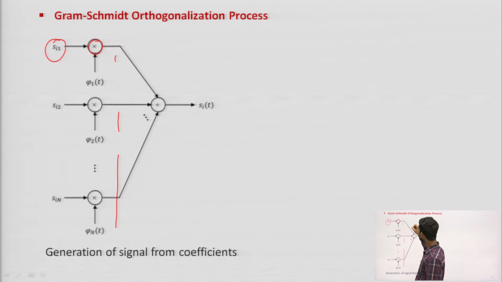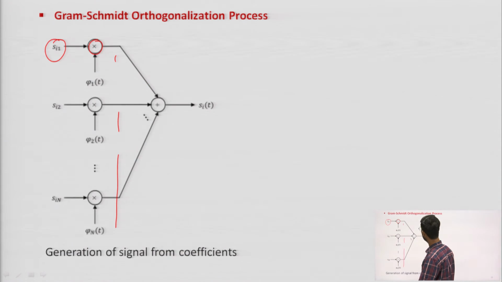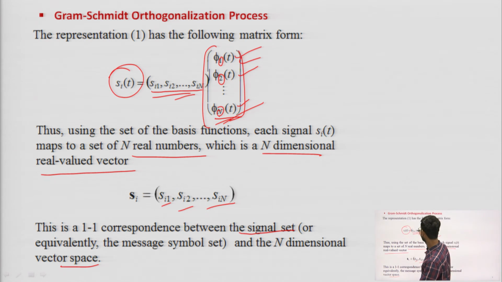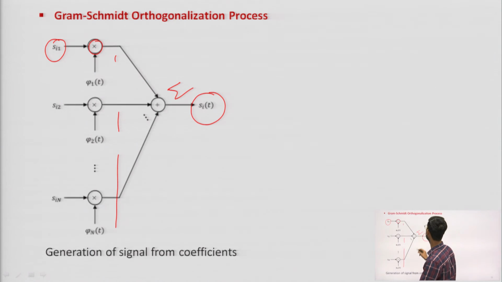Then I can assemble this in the summation, that is your Si t, nothing but Sij multiplied by phi j t, j equal to 1 to n. So this is the generation of the signal from coefficients. How this signal is generated from the coefficients.